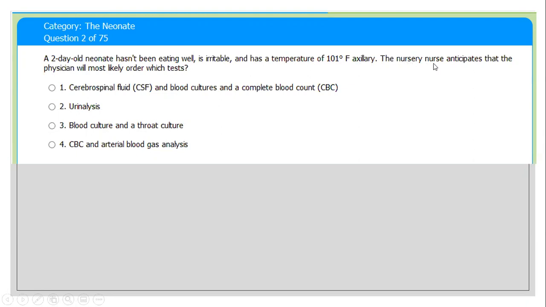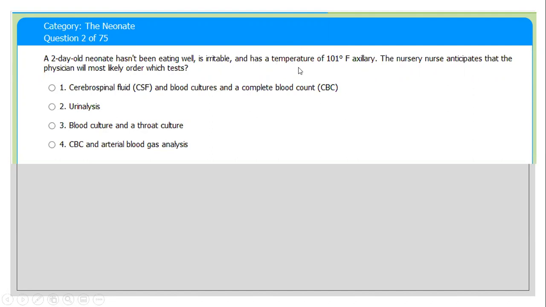The nursery nurse anticipates that the physician will most likely order which test, right? So fever, irritable, and has not eaten well. Maybe my baby is sick.